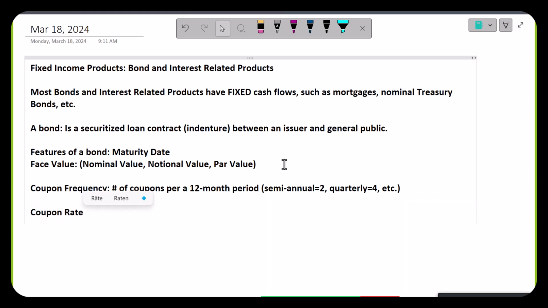Coupon rate, it's percent of face value that is paid over a 12-month period.